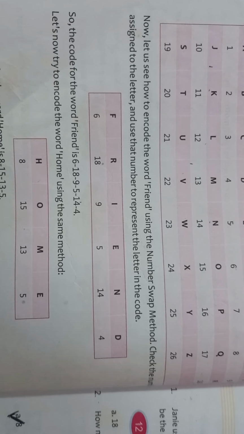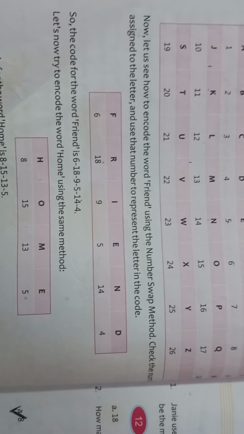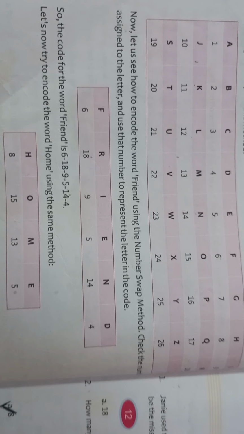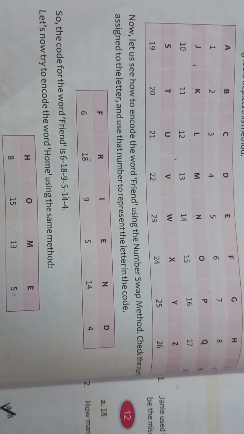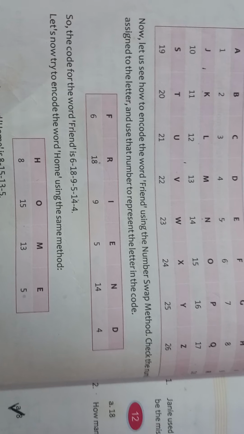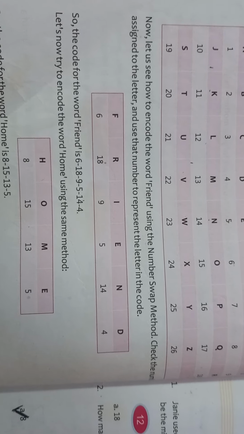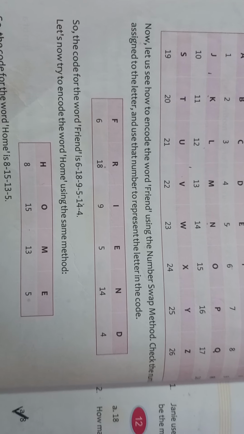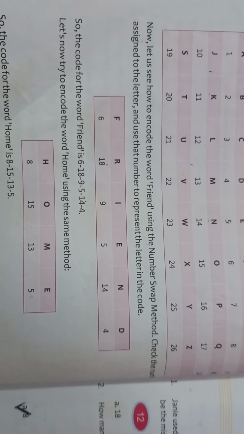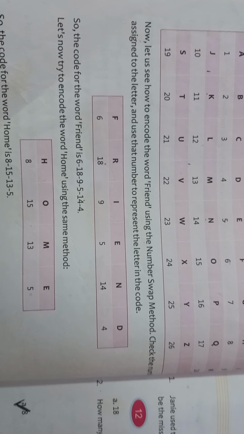Now let's encode the word friend. F is the letter number 6, R is 18, I is 9, E is 5, N is 14 and D is 4. So the friend code is 6 18 9 5 14 4.